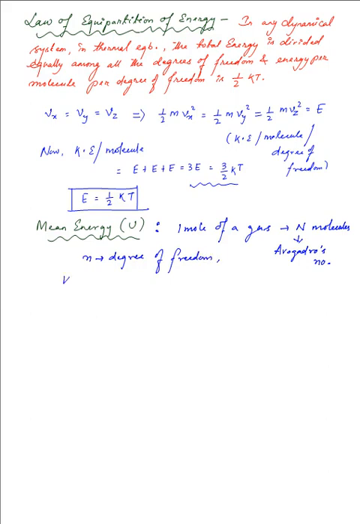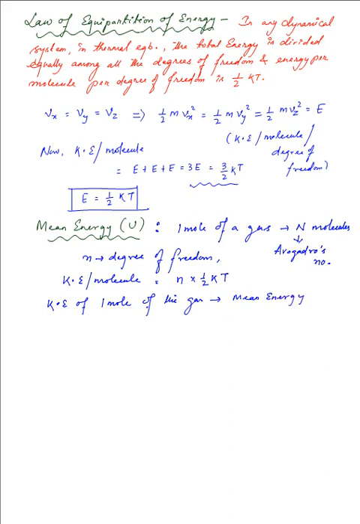We have the kinetic energy per molecule equal to n times half kT, right? And the kinetic energy of 1 mole of the gas is what we call the mean energy, which is to be obtained.